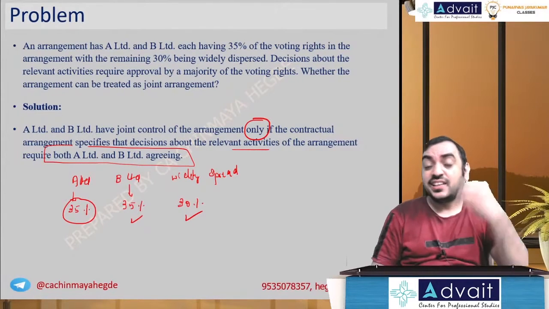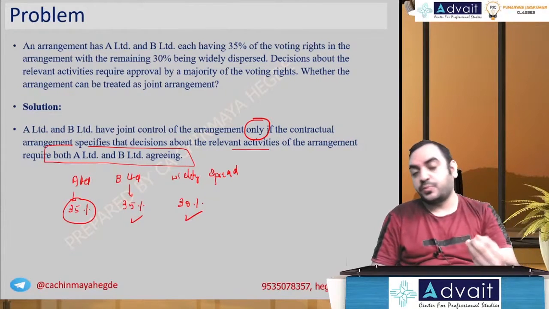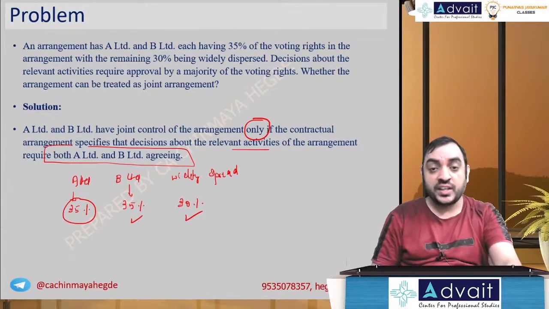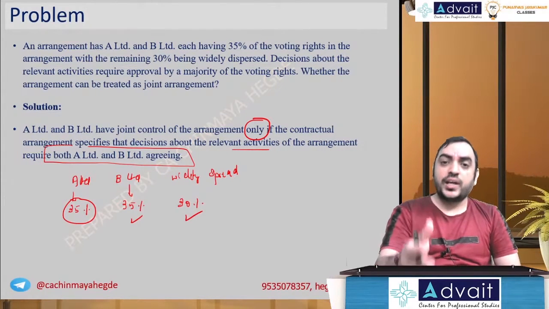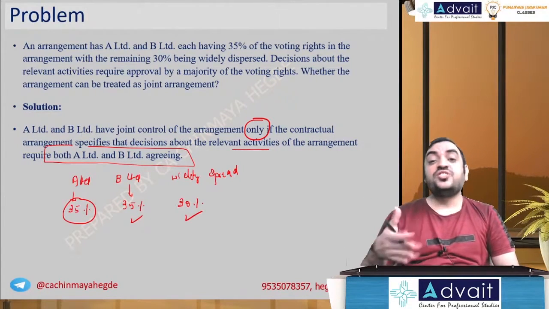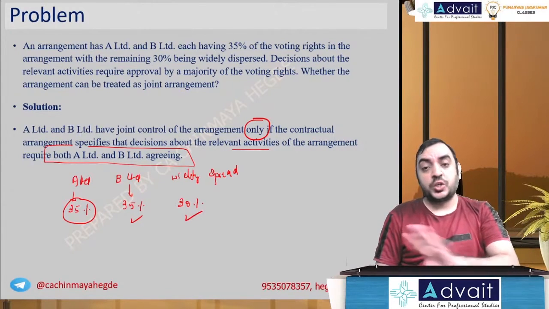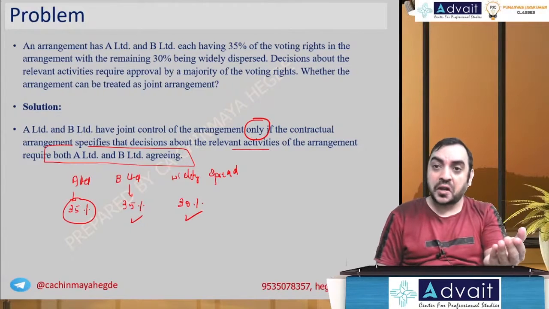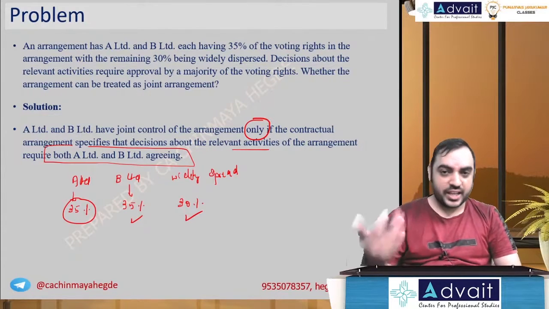Unless there is a contractual arrangement, there is no joint control based on this information. But the solution has been given conditionally, situationally: a mere 35-35 is not sufficient. If they have a contractual arrangement, then you can say there is joint control. Hope you understood. I'll go further.